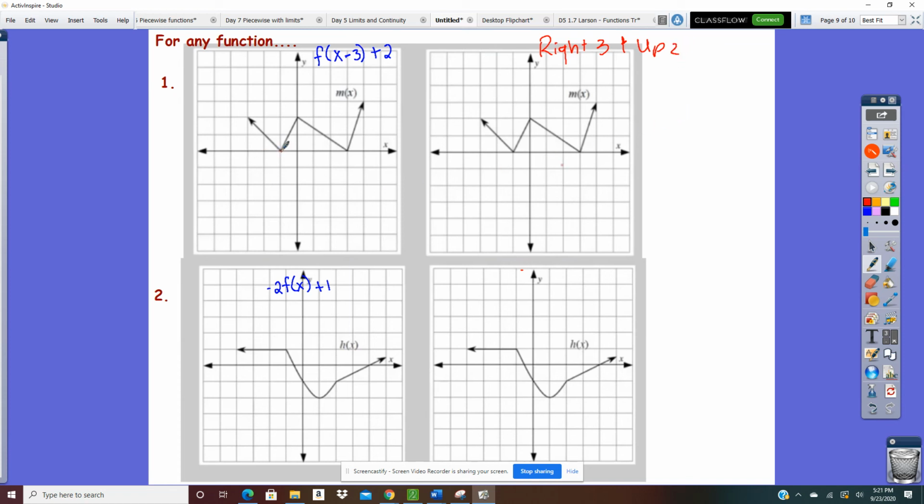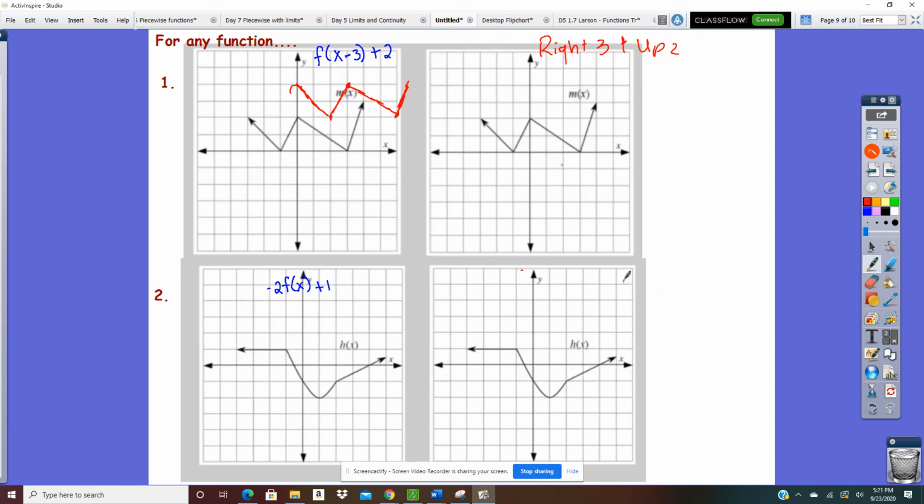So I'm going to take all these points and just go right 3 and up 2. 1, 2, 3, and up 2. 1, 2, 3, and up 2. And this one is 1, 2, 3, and up 2. And then it's going to go from there. So I'm going to have this graph here. And we continue up this way, and then it goes like this.